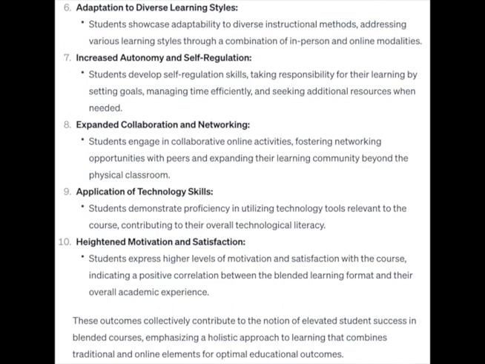Number 6, adaptation to diverse learning styles. Students showcase adaptability, hopefully, to diverse instructional methods. Okay. Hopefully that's how it works and will help them. Number 7, increased autonomy and self-regulation. Students develop self-regulation skills. Again, we hope that's what's going to happen.